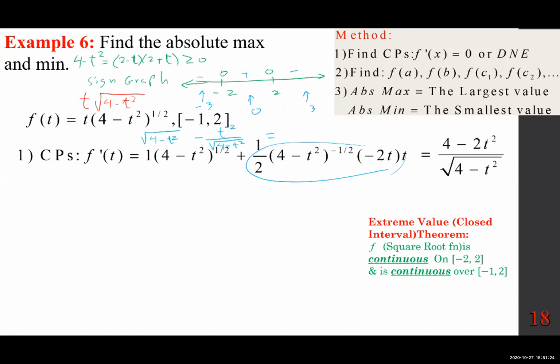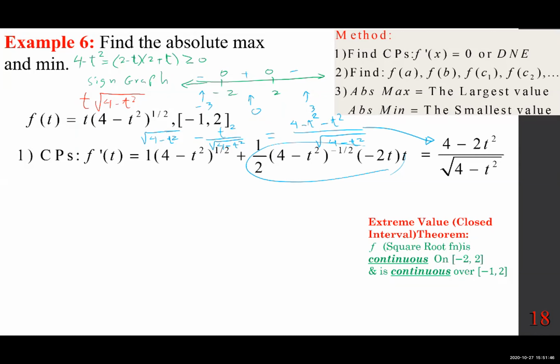And so if we take the common denominator, which is the square root of 4 minus t squared, we multiply it by the square root of 4 minus t squared, which gives us 4 minus t squared, resulting in this. This is algebra class, and I hope you are comfortable with that.